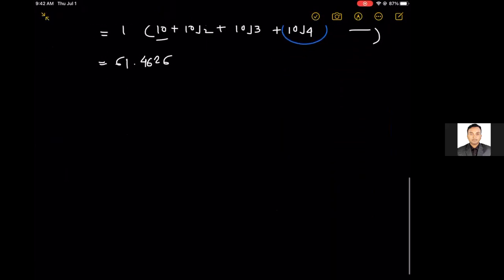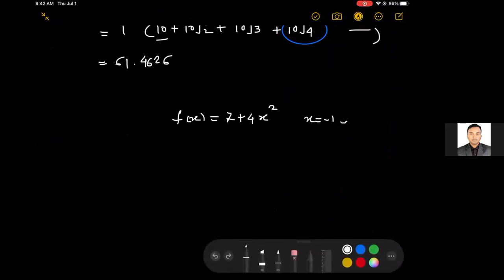So your problem would be f of x equals 7 plus 4x squared, okay? And you need to do it for x equals -1 to x equals 2.